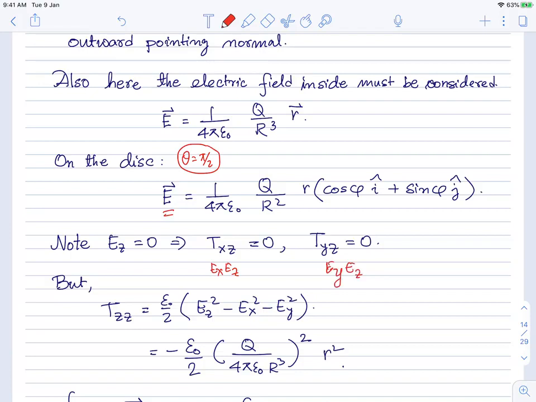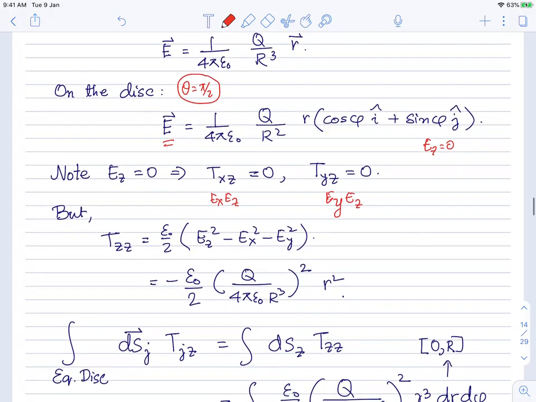So in particular, Ez is 0 here, and that implies that these two components of the Maxwell stress tensor just vanish because the Ez component of the electric field vanishes on the disk. It doesn't vanish everywhere, but at theta equal to pi by 2 it vanishes. So this simplifies life a lot.